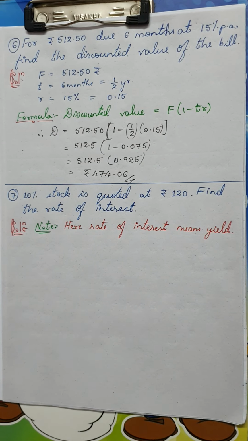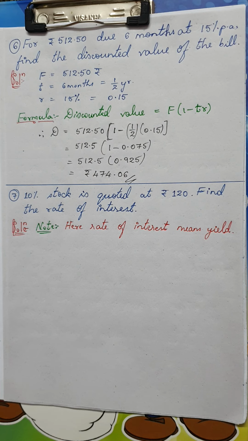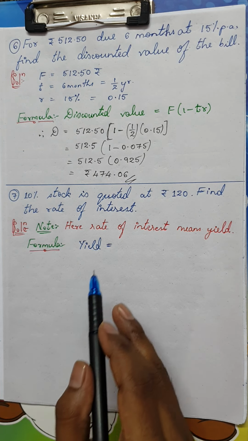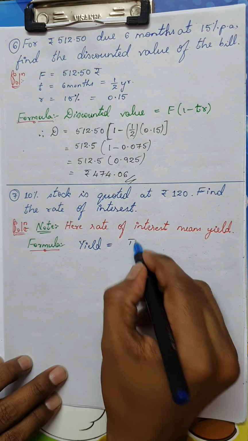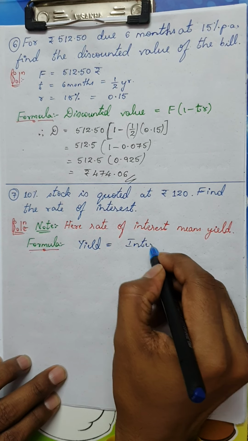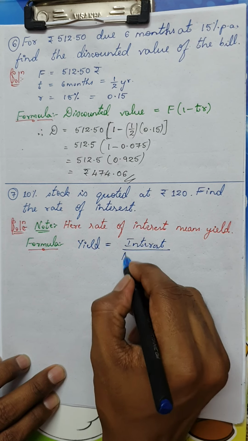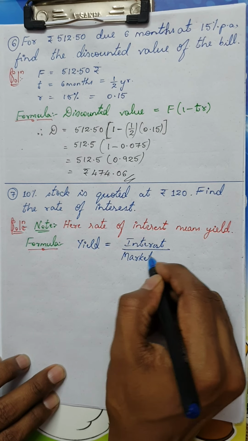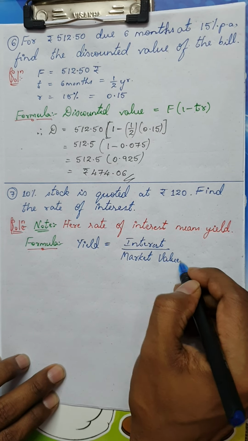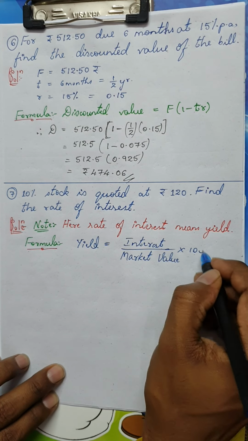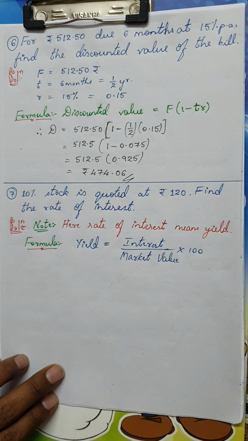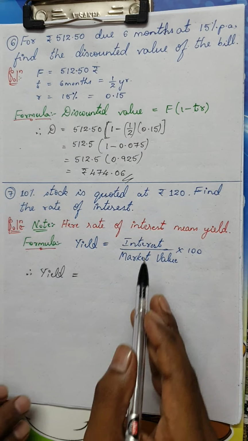Let's write down the formula for yield and calculate it. What is the formula for yield? We all know the formula for yield is interest divided by market value into 100. Therefore, interest, what is interest?